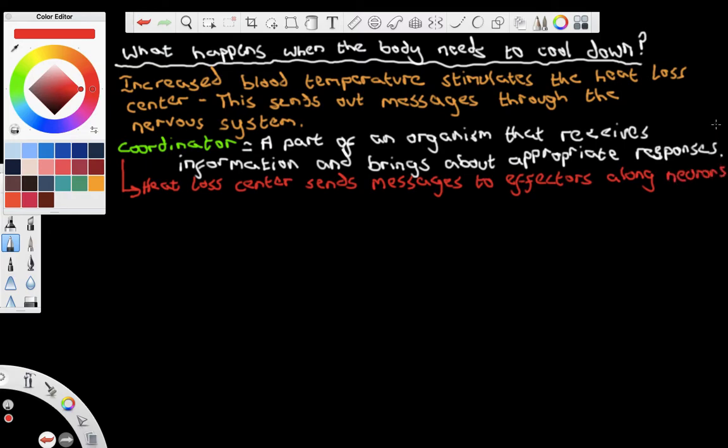So let's think now about how your body actually cools down. The first one that we need to talk about is through sweating.